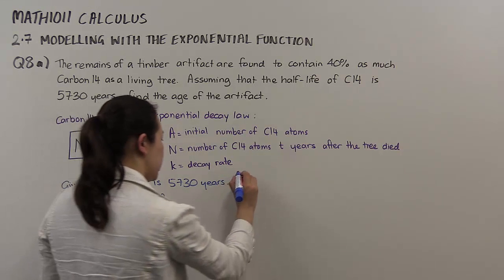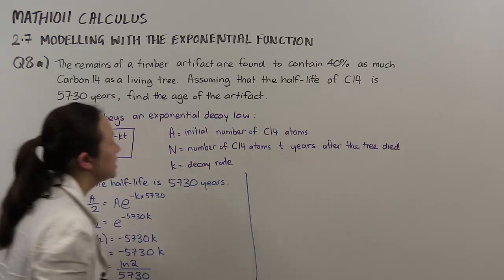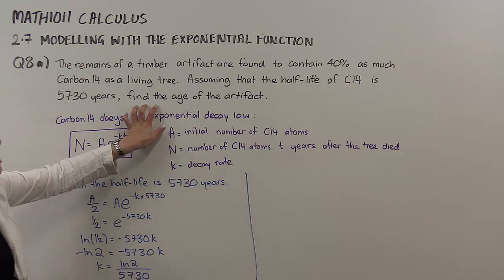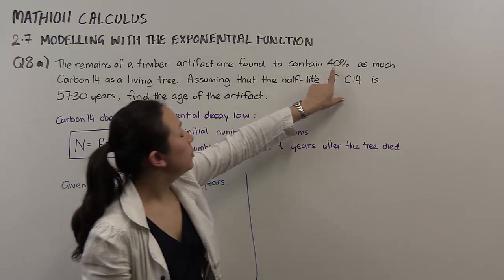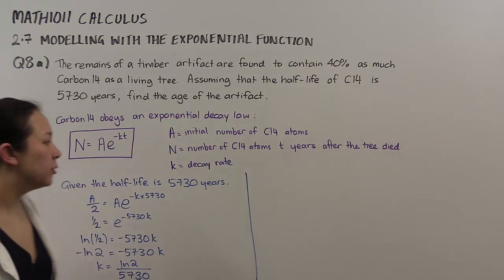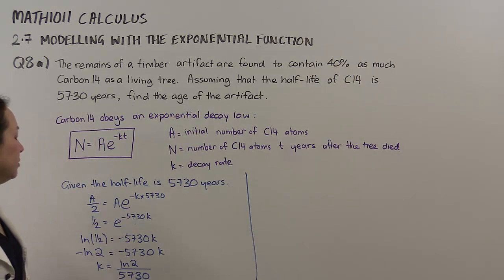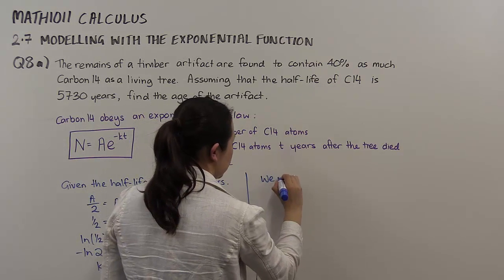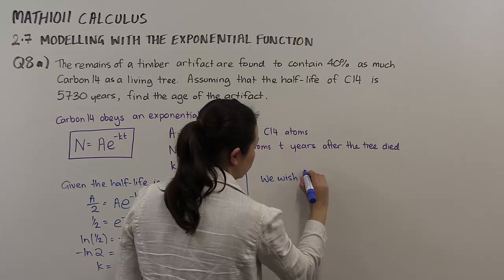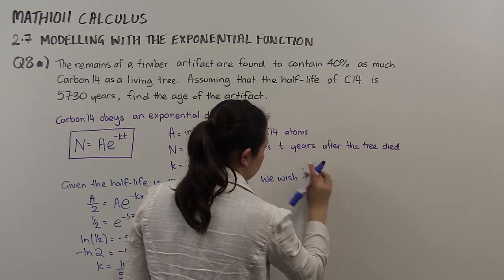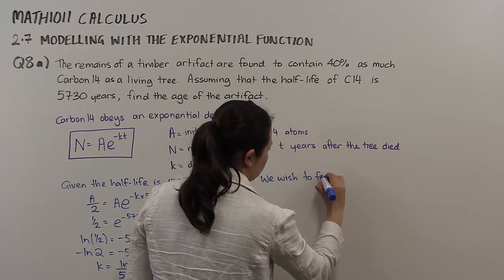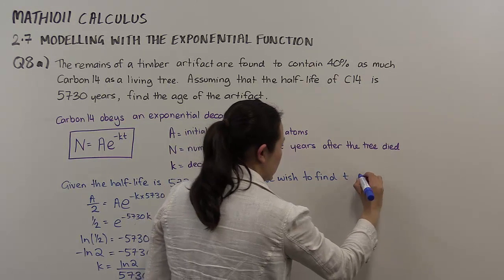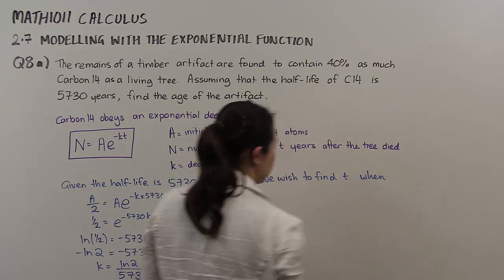Okay, now the question is asking us to find the age of the artifact, and we know that the artifact contains 40% as much carbon. So we wish to find T when there's 40% as much left.